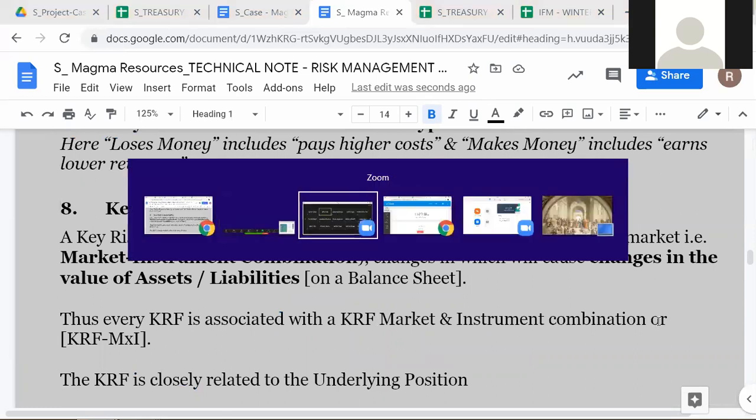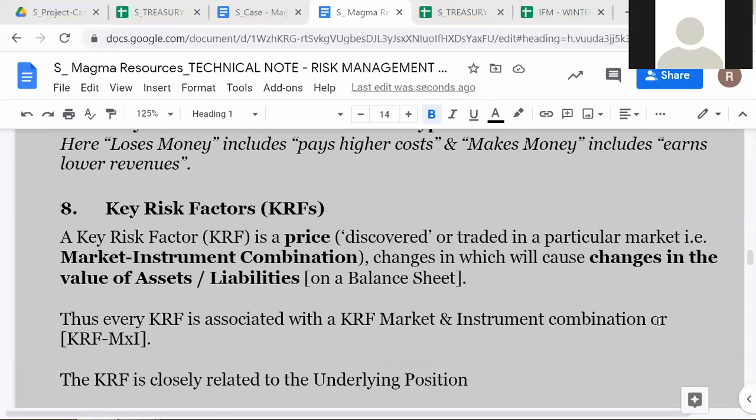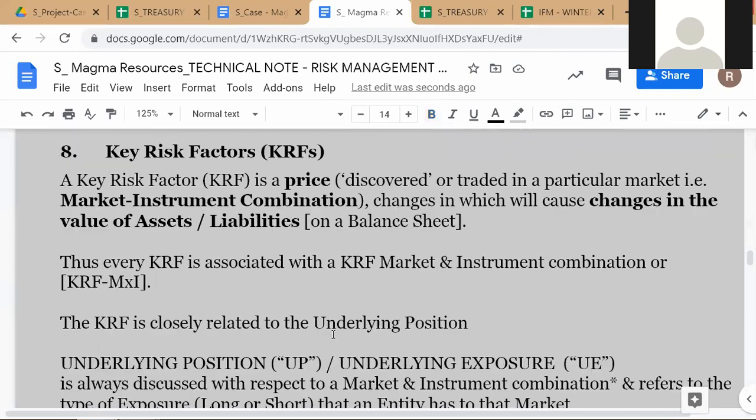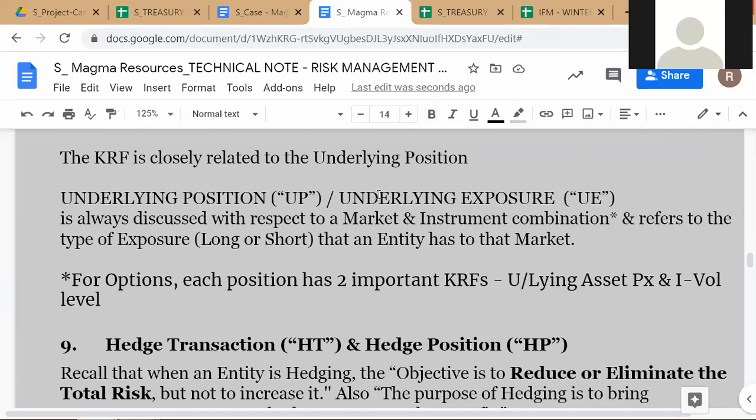And any change in the price causes changes in the value of assets and liabilities on the balance sheet. This is one. And then you have, of course, the underlying position as well, which is also going to determine what the key risk factor is.